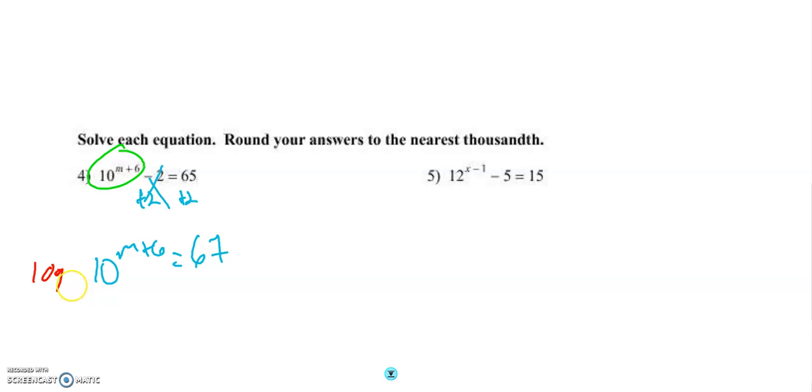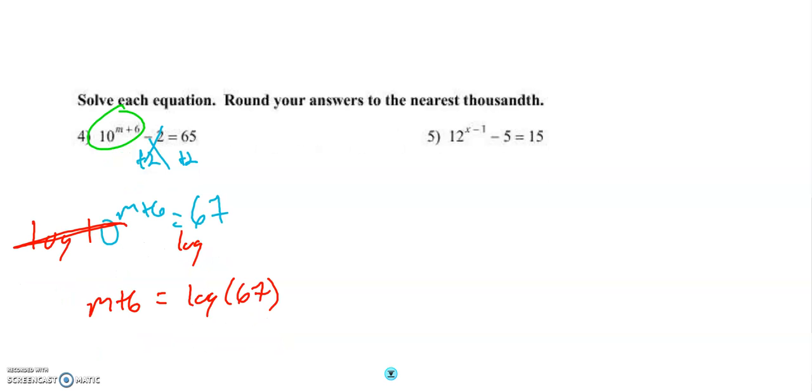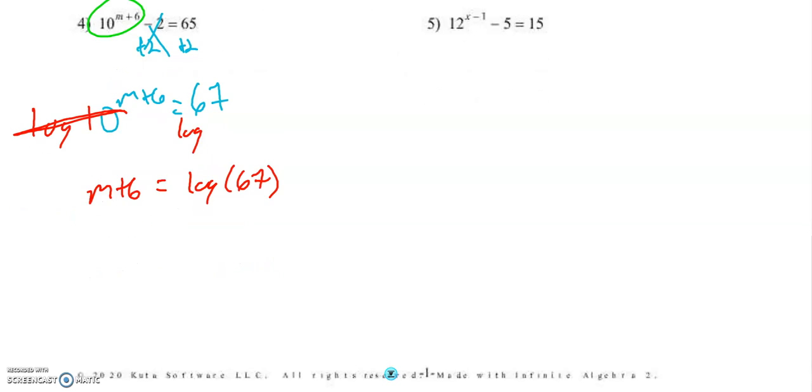And since log base 10 is just log, I don't need to have the 10 there. So we have log and we have log. This will eliminate the 10 on the left side, and you have m plus 6 equals log of 67. This is where you need to use Desmos or the scientific calculator.